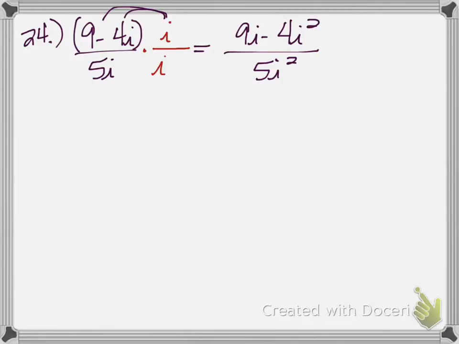And now out of 9i minus 4i squared over 5i squared, what can I simplify? The i squareds. I can change all of my i squareds to -1.